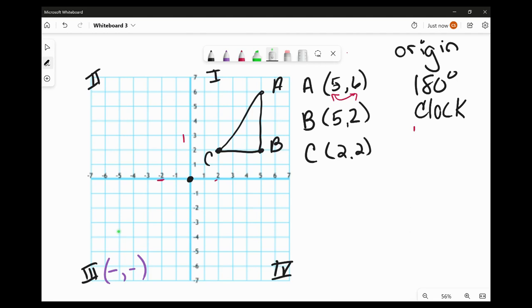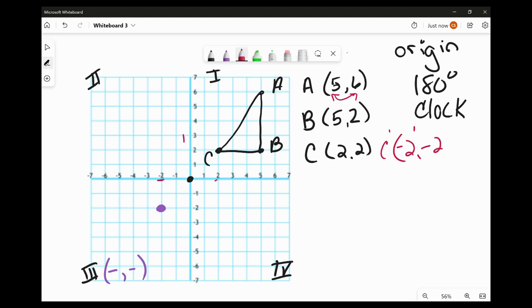If you take a look at point C, it is 2, 2. If I move 2 quadrants over here, the numbers stay in the same place. Notice that if I were to draw a line through the origin, it makes a straight line, which is 180 degrees. So the coordinates for C prime would be -2, -2.